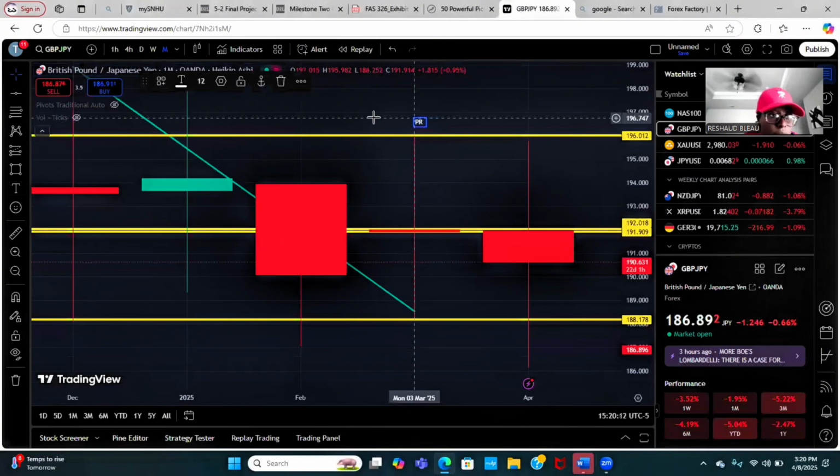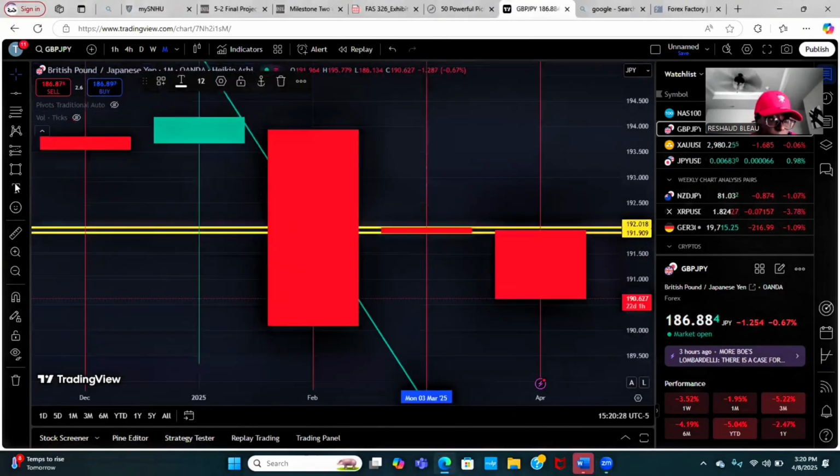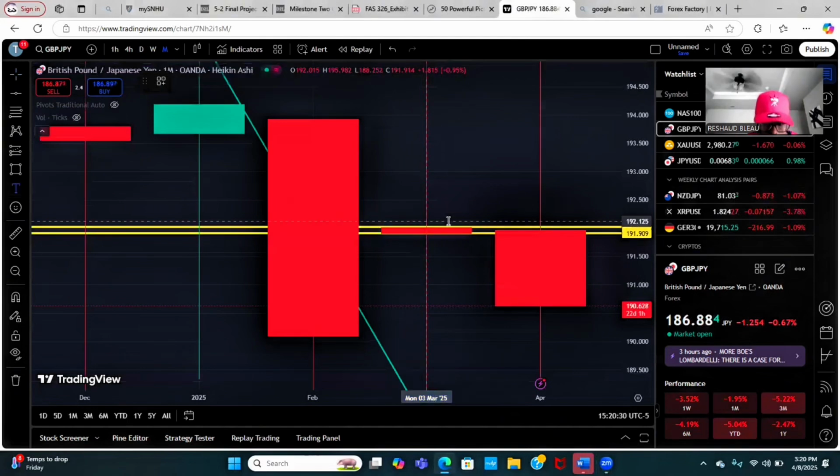Previous monthly high, previous monthly low, previous monthly close, and then the previous monthly open.